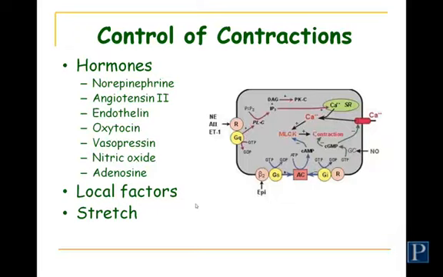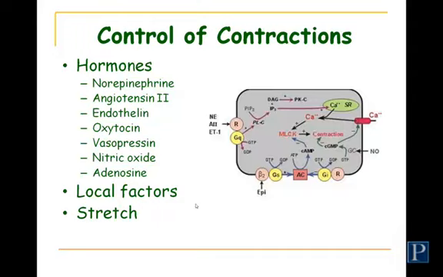Lactic acid is a byproduct of anaerobic respiration or glycolysis, and lactic acid, I keep going to vascular smooth muscle because I'm so used to teaching about the cardiovascular system, causes relaxation of smooth muscle. The importance of that is, say, when you're exercising.